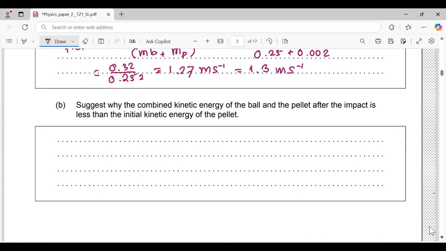Next, suggest why the combined kinetic energy of the ball and the pellet after the impact is less than the initial kinetic energy of the pellet.